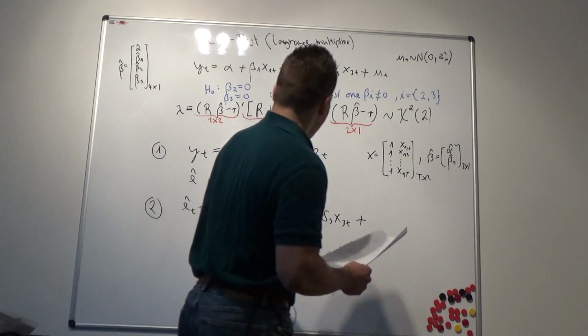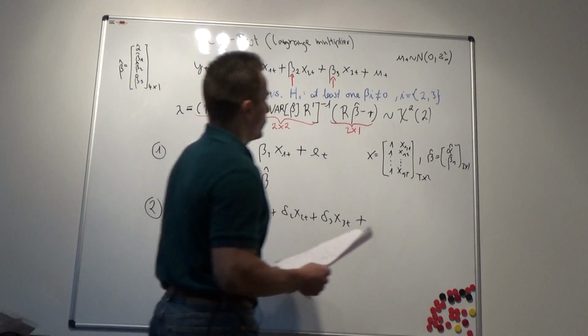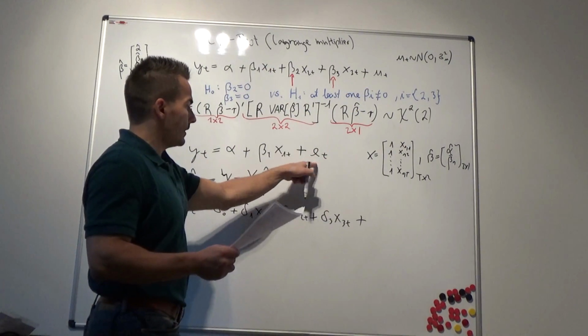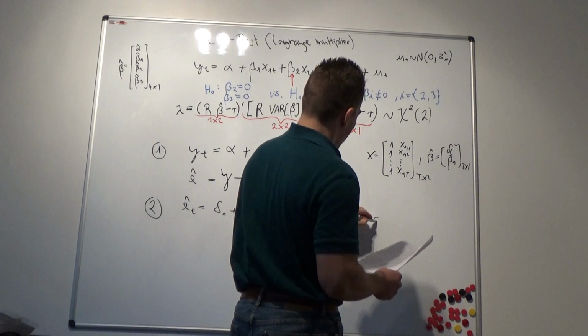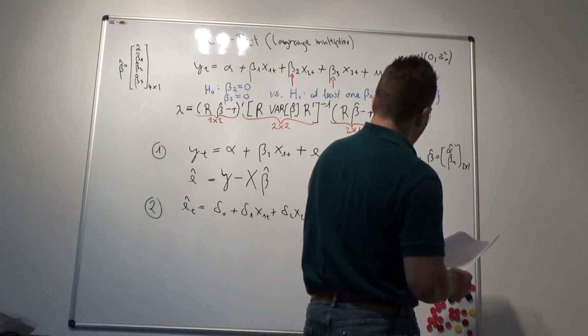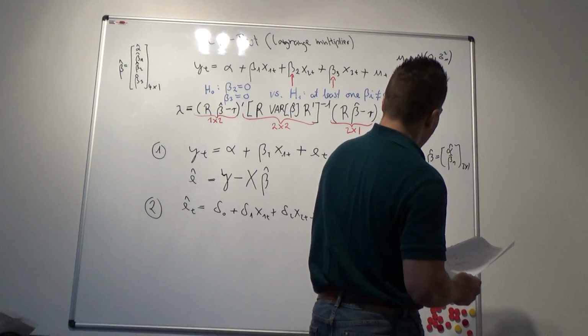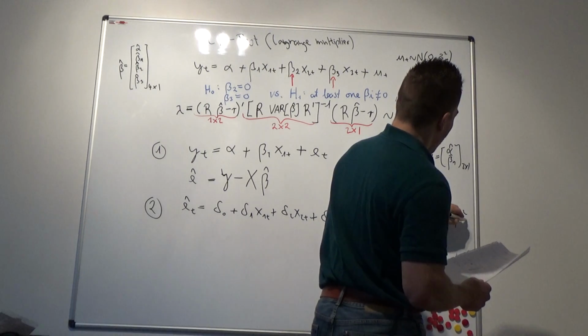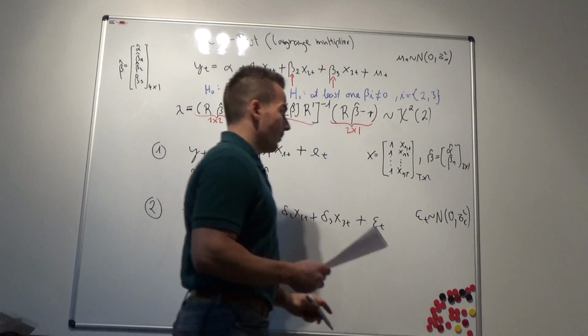And because it's a regression equation, we also add a residual, which we now call epsilon_t. Again, our assumption is that epsilon_t is distributed as normal with zero mean and sigma squared epsilon as corresponding variance.